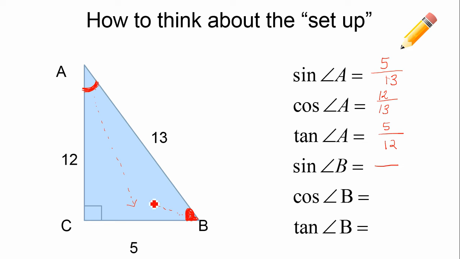In this case, opposite angle B is 12, hypotenuse is still 13, so the sine of angle B is 12/13. The cosine of angle B would be adjacent over hypotenuse, so 5/13. And the tangent of angle B would be opposite over adjacent, so in this case, that'd be 12/5.